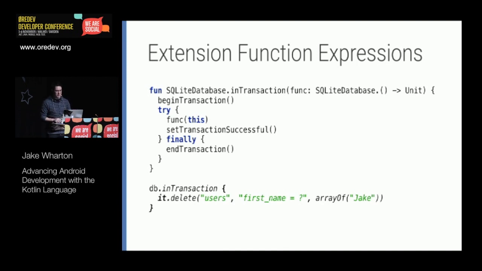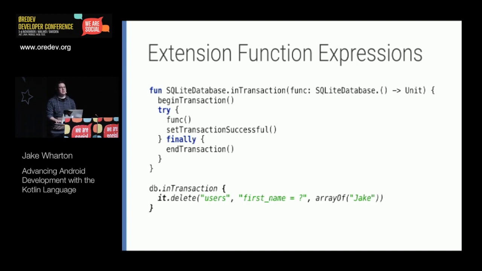This is going to blow your mind, but it's actually a crazy powerful concept. So the function that's being passed in is now an extension function on that object. And so instead of passing in this into the function, that function actually exists on the SQLiteDatabase now. And so because we don't really need this, we'll just get rid of it. But the function behaves as if it was defined on SQLiteDatabase.